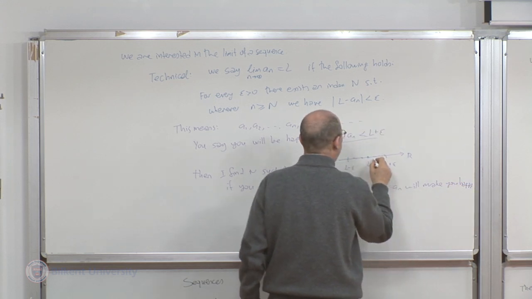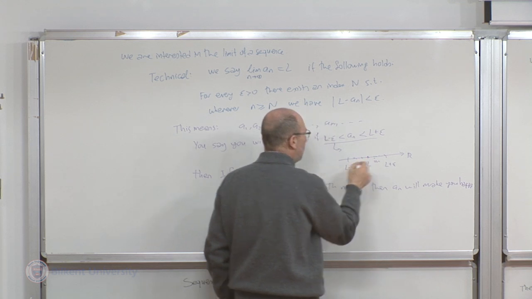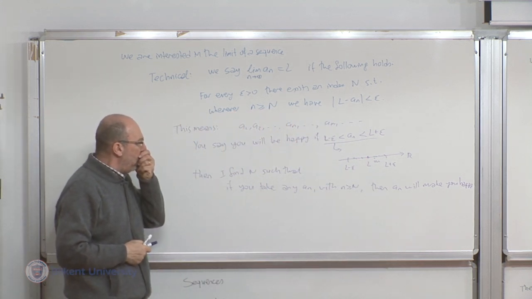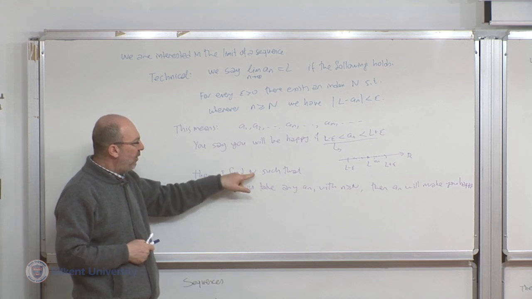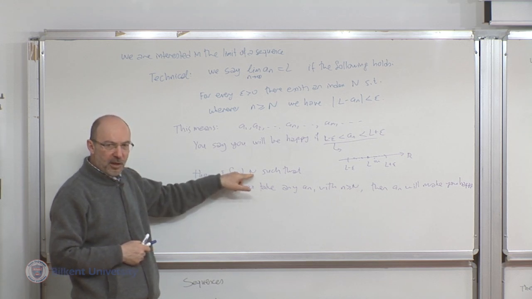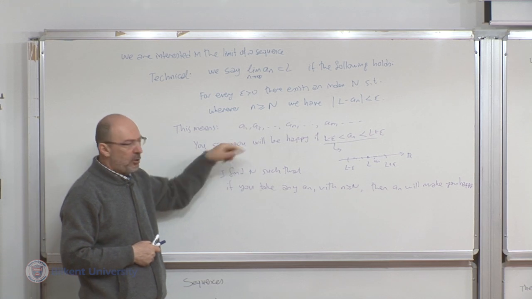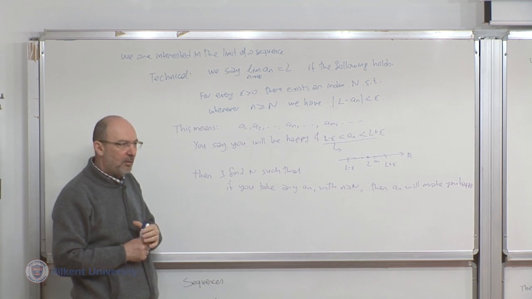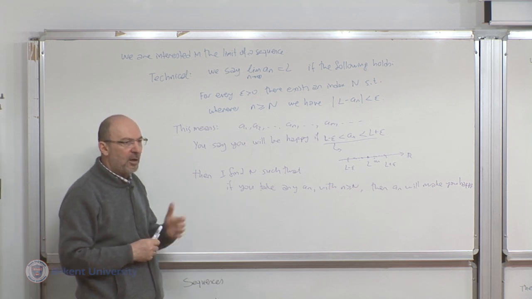So an will be here or here. If I can always deliver you this index, whichever epsilon you give me, then we will all agree that L is the limit. So that's what we expect from a limit.